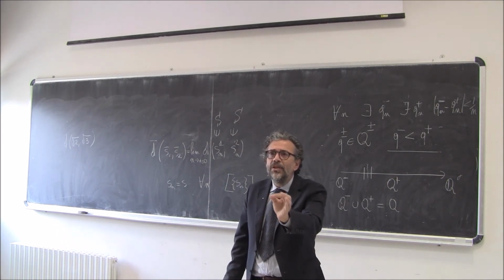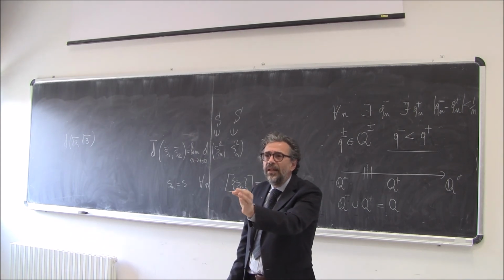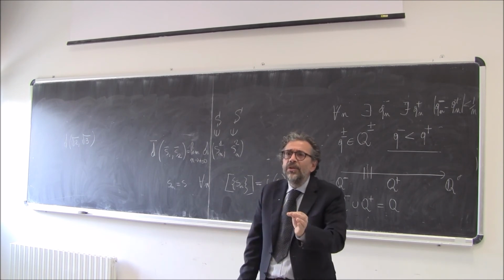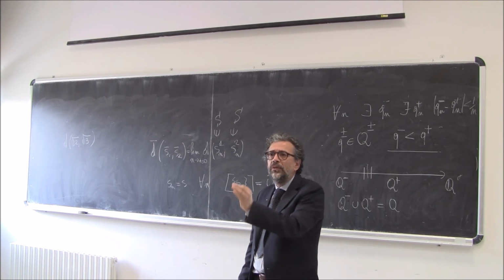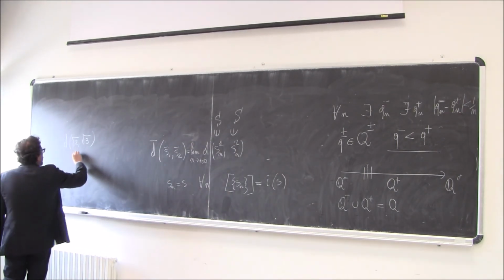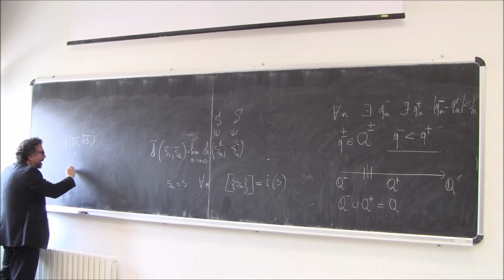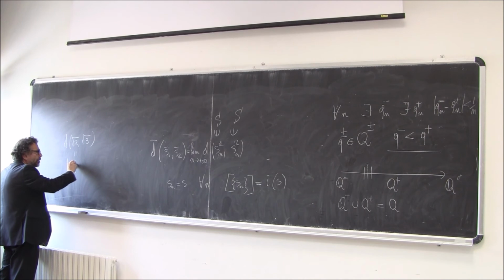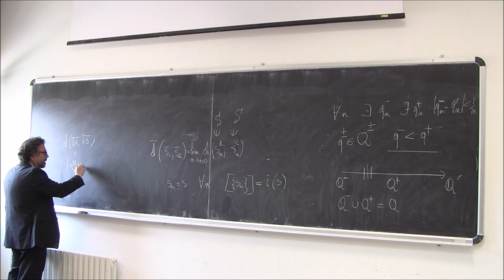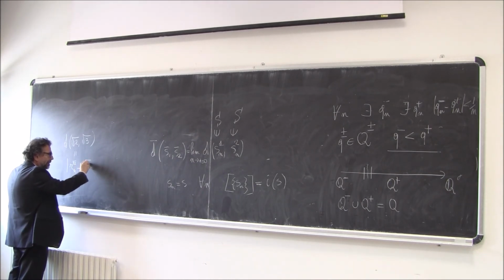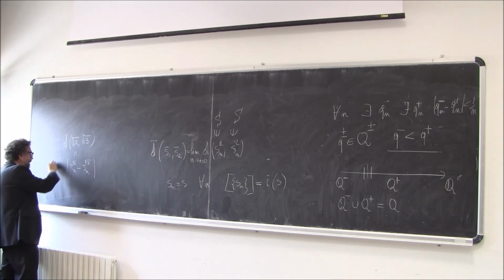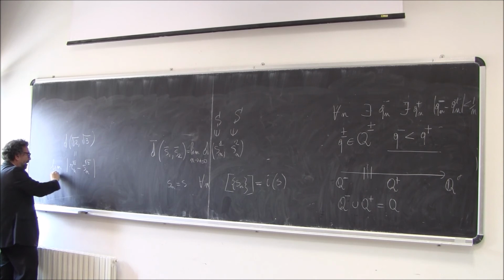You take a sequence of rational numbers Rn converging to square root of 2, and a sequence of rational numbers Sn converging to square root of 3, and you calculate the distance of Rn minus Sn. This limit for n tending to plus infinity.